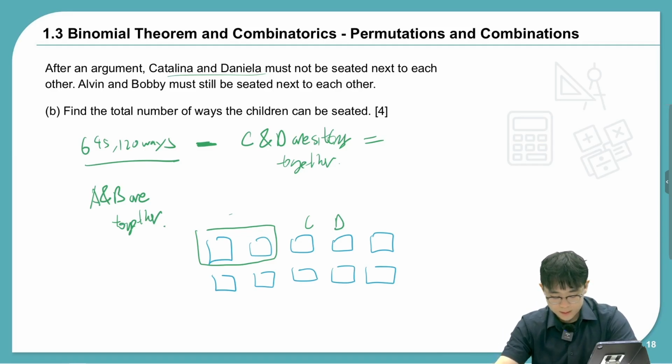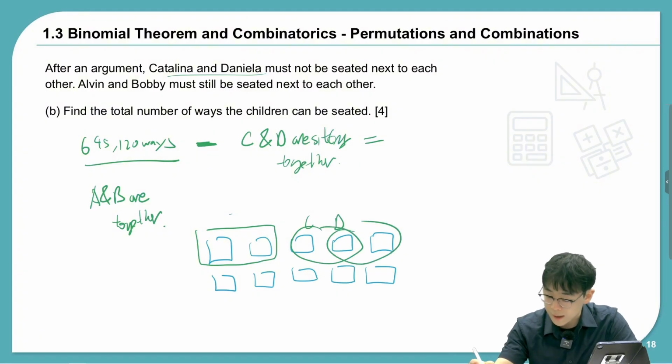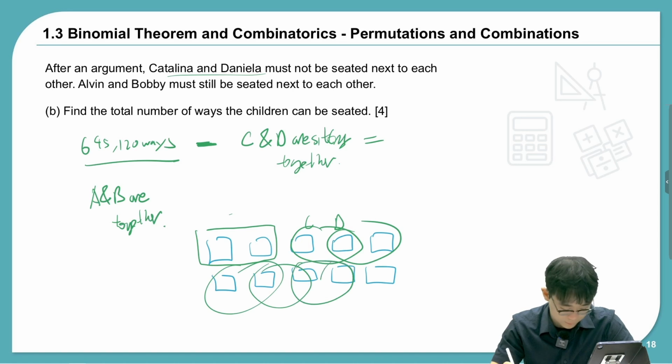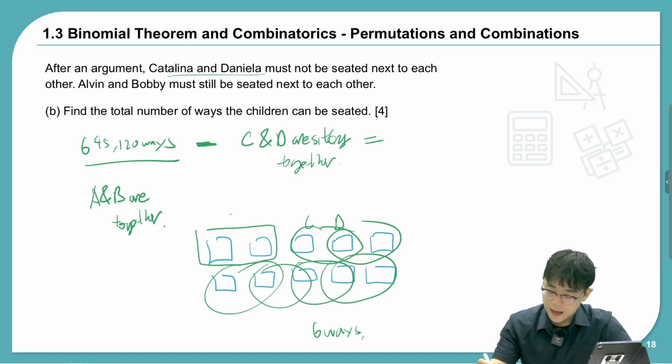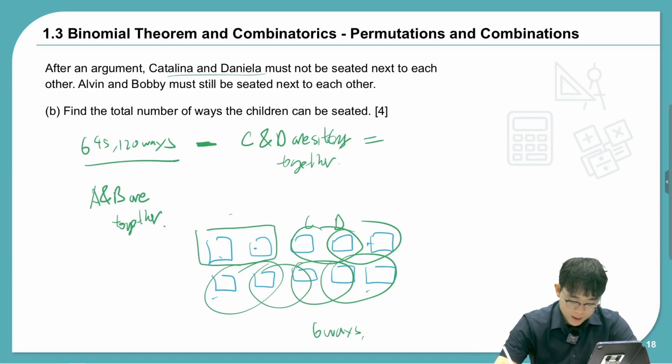Or we could say, so there's two ways where Catalina and Daniela could be sitting. Or we could have 4 more ways, so that's 6 ways. So actually, Alvin and Bobby could be sitting in these 2 seats, these 2 seats, these 2 seats, or these 2 seats, right? So on the edges, that would be 4. So there's 4 ways in which Alvin and Bobby take the edge seats.